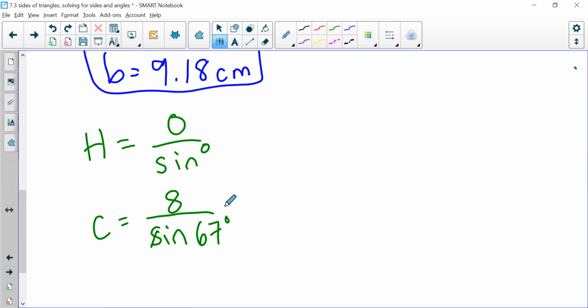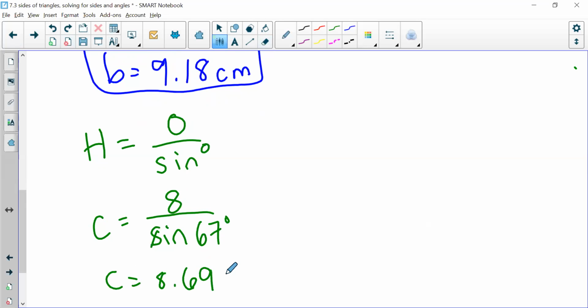So on your calculator, just do 8 divided by sine of 67. And you probably will have to close any brackets that open. 8.69. Fantastic.